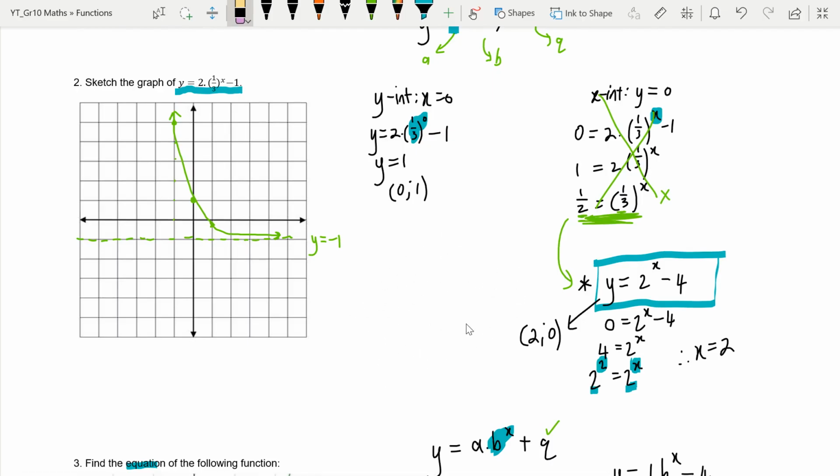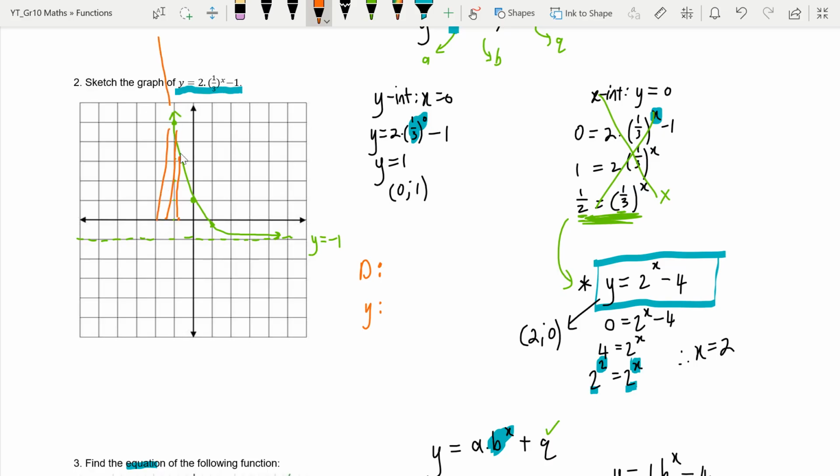So for the domain, like with the other ones, we are going to position ourselves on the x-axis. And when we go towards the graph, if the graph exists there, if there is a solution, it means it is part of the domain. And that one goes up and up.